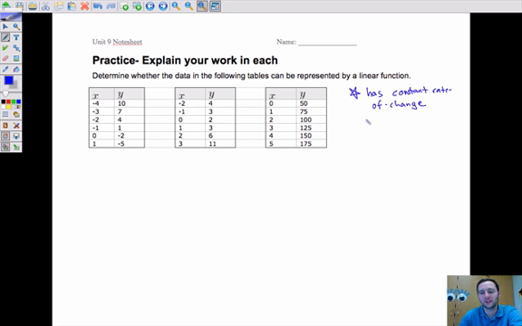And this rate of change will either be addition or subtraction. It'll be adding or subtracting the same thing every single time x increases by 1.